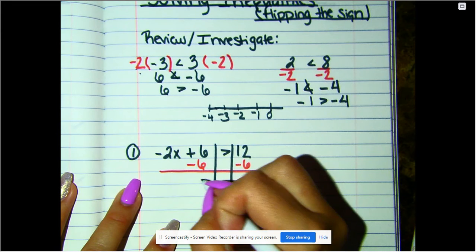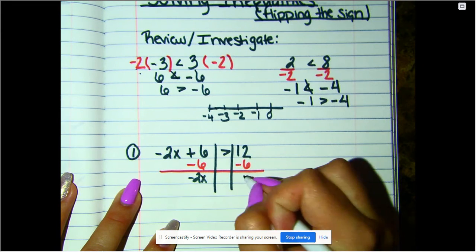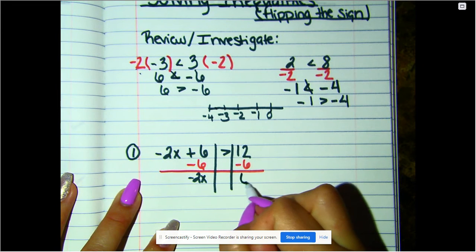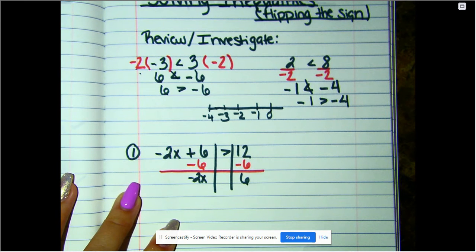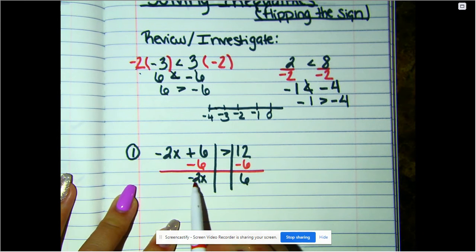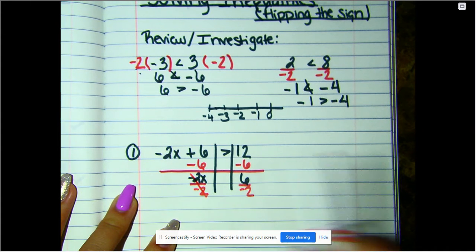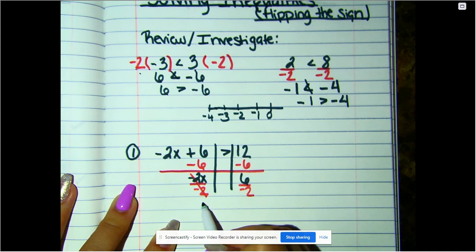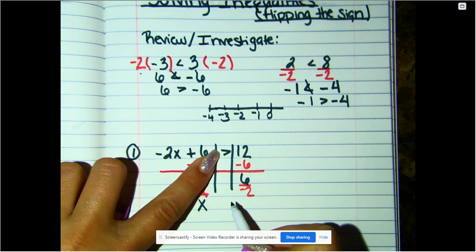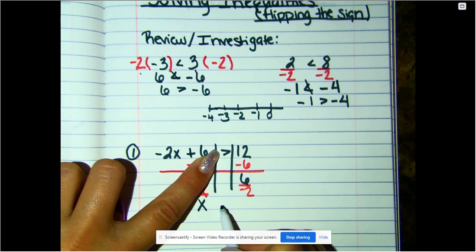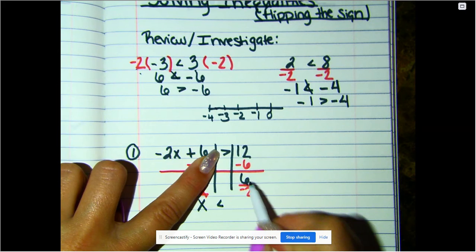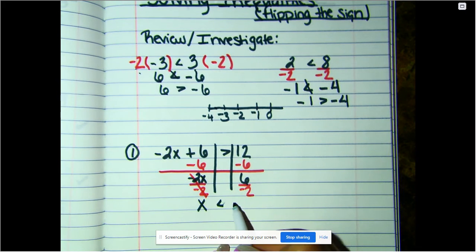So then I'm left with -2x, and then 12 minus 6 is 6. Now I need to be dividing by the -2 on both sides, remembering that whenever we divide by a negative, my inequality sign switches. So it's going to go from greater than to less than, and then 6 divided by -2 is -3.